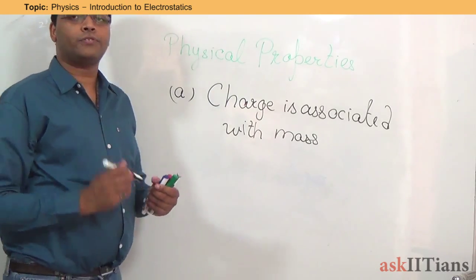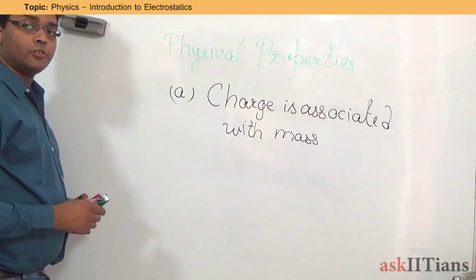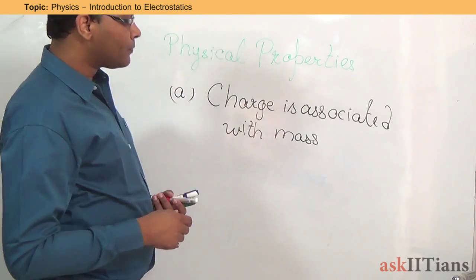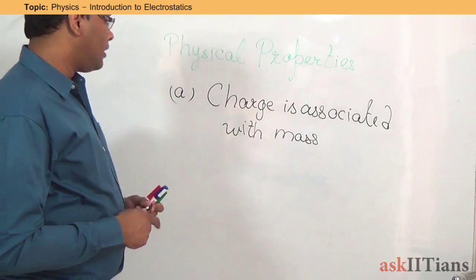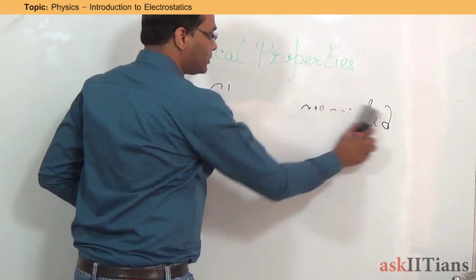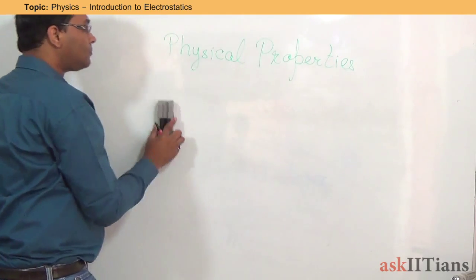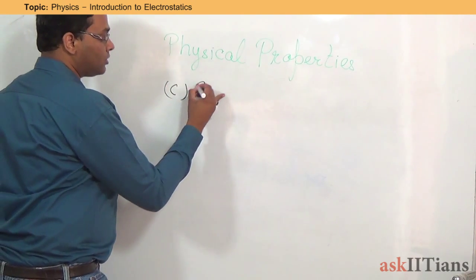Every bit of charge that you see is going to be associated with some amount of mass, right? Because there cannot be any charge without a mass. Now, sorry, this was point B. Now going further to the next point, this is point C.